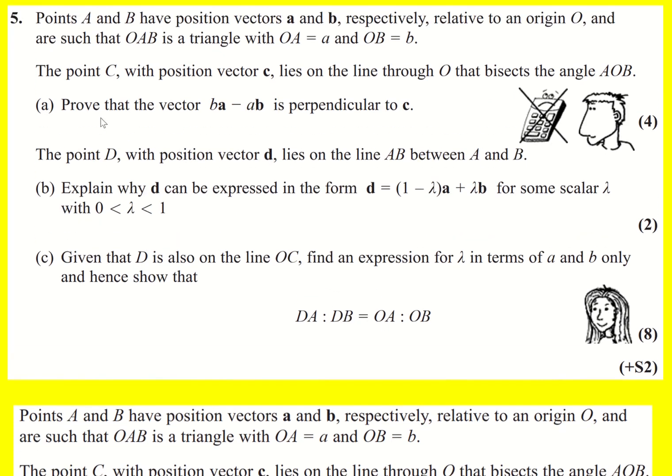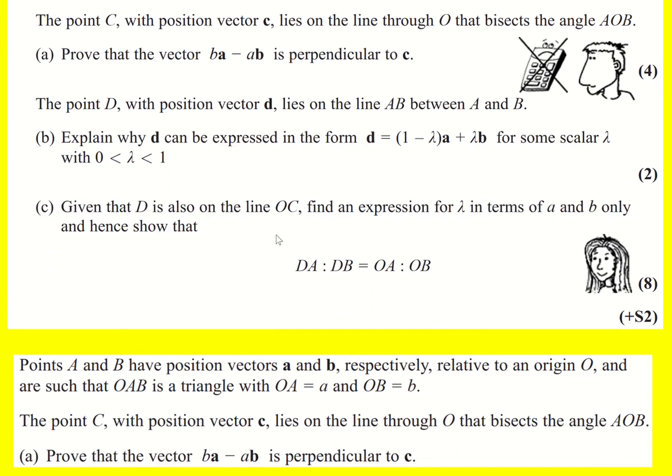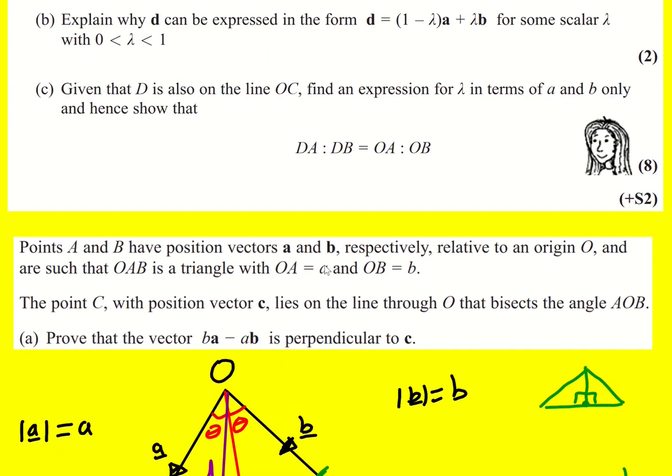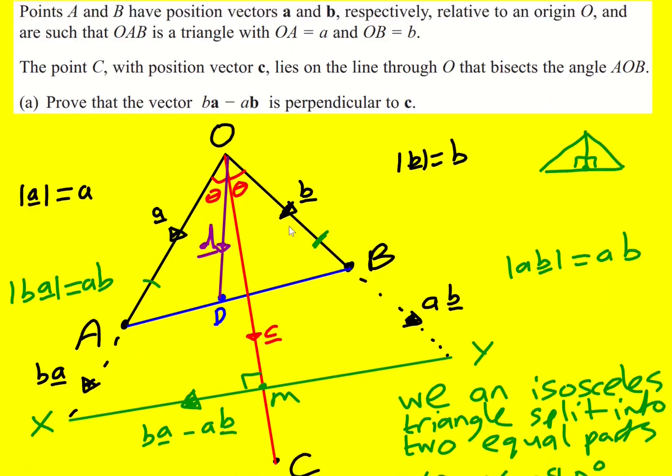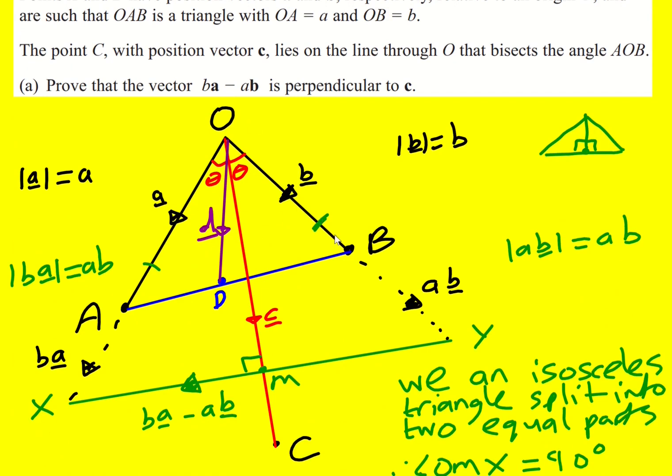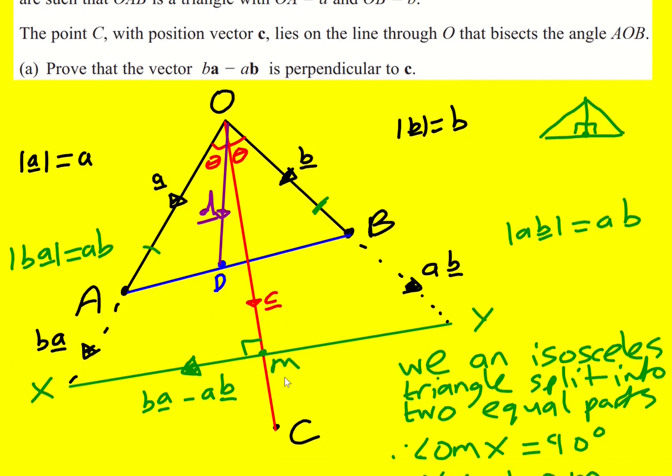Just one little point: if you have studied further maths or A level on the old syllabus, you could technically use a dot product for part a. I'm not sure it really helps later on, so I haven't spoken about that, and I'm not going to. We did this by constructing a diagram, carefully creating this isosceles triangle, and hence proving that these two were perpendicular.